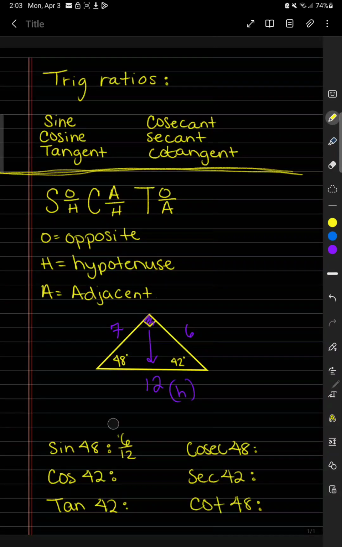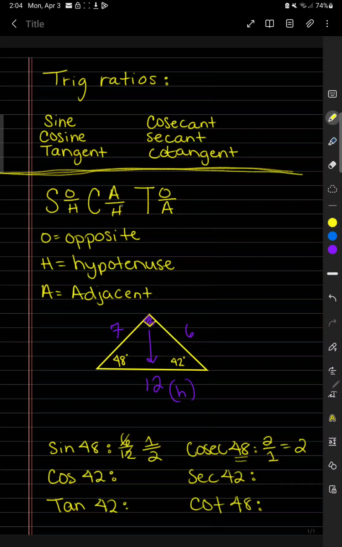So 6 over 12, we can divide it with 3 and get 2 over, actually no, sorry, we can divide it with 6 and get 1 over 2. So that's our official ratio, 1 over 2. And I can flip it here because it's asking for the same degree. But if I were asking for cosecant 42, we would not flip it because 48 and 42 are not the same angle. In this case, sine and cosecant are opposite of each other, and they're both asking for 48. So I'm going to do 2 over 1, which is just 2. So that one's done.